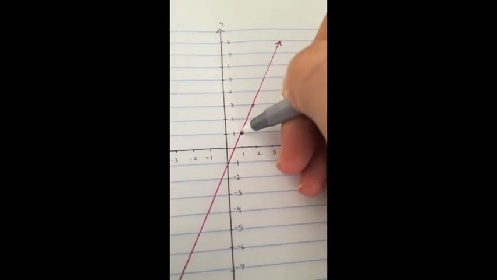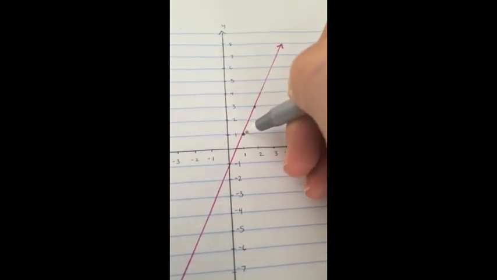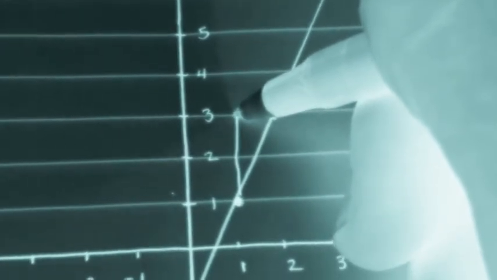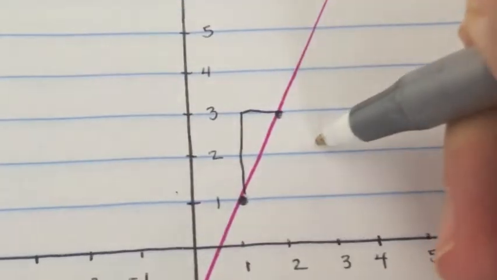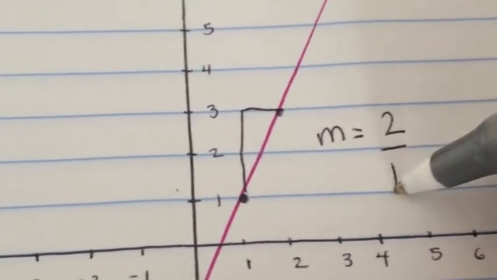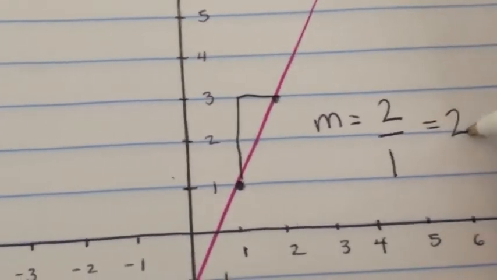So I start at a point, and to go from one point to the next point, I rise 1, 2, and I run 1. So the slope is 2 over 1, or just 2.